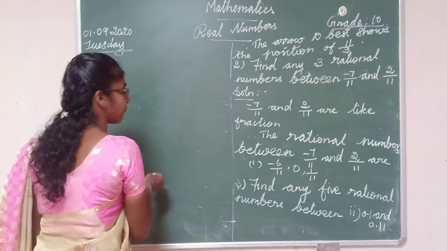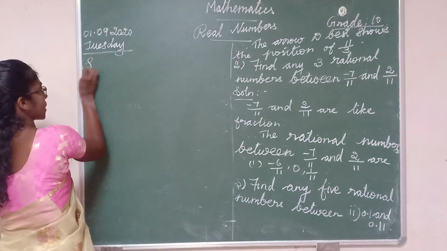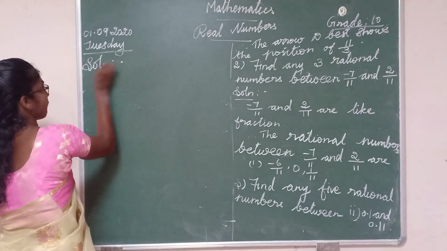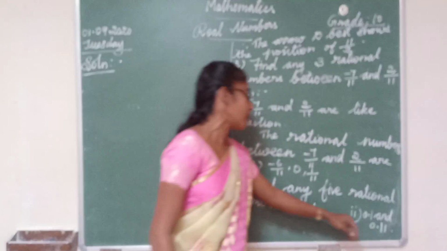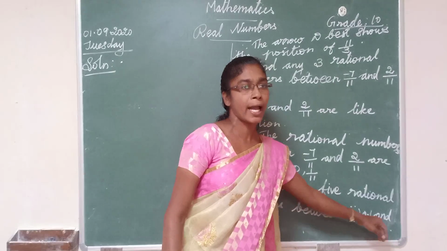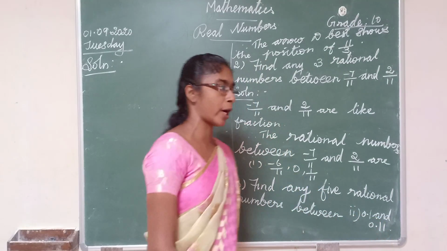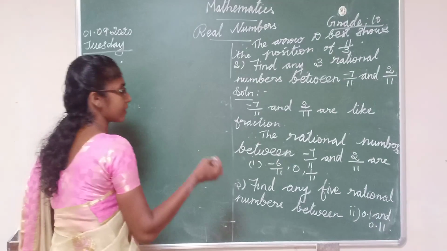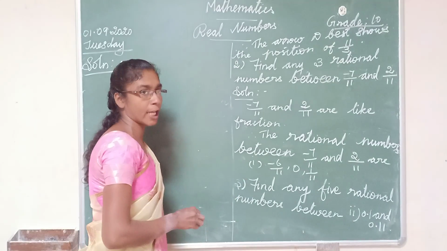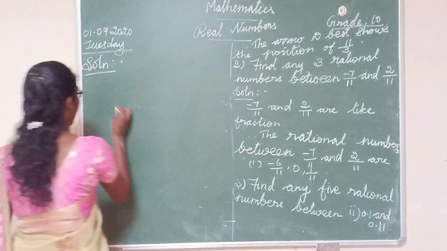Find any 5 rational numbers between 0.1 and 0.11.